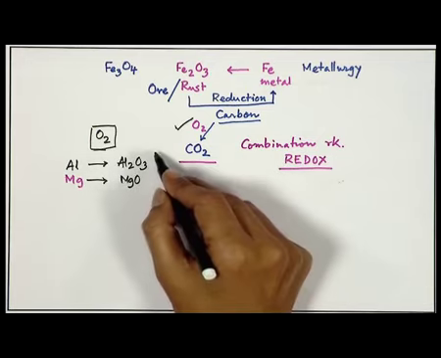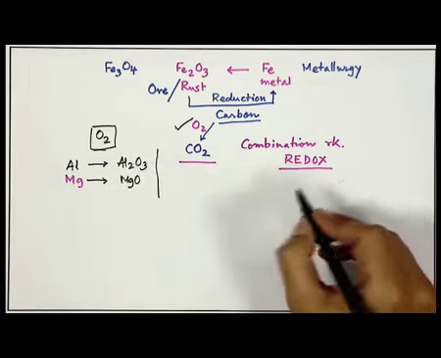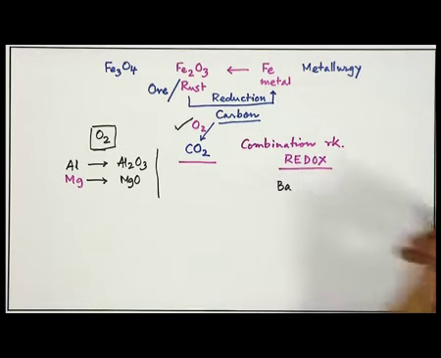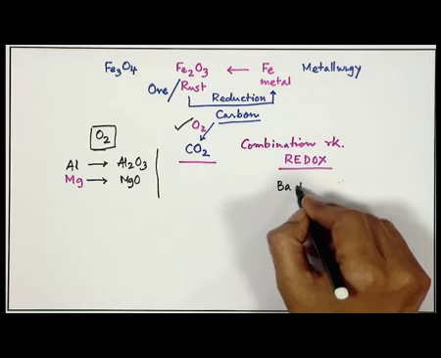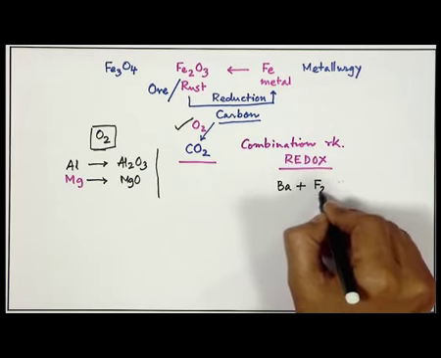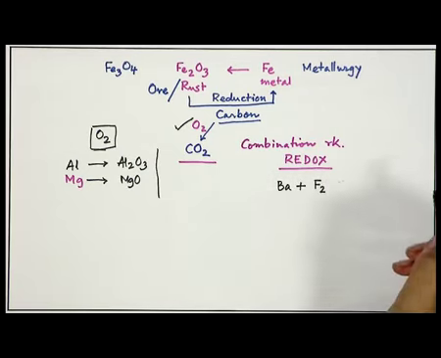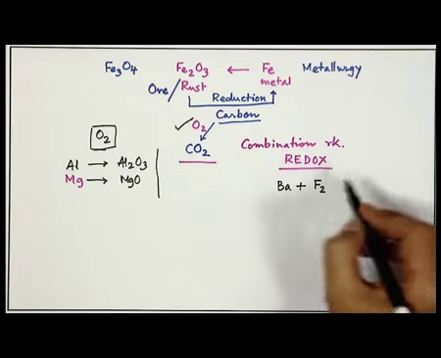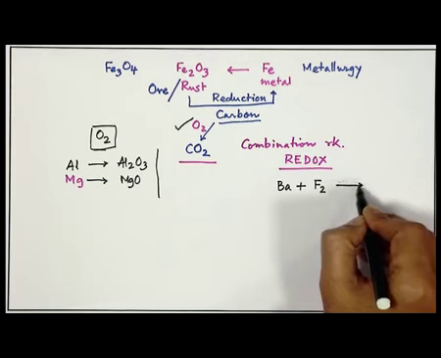So, another category of this combination reaction is that if we have the metal itself, and if we go for the reaction not with oxygen, but with another more electronegative elemental form, fluorine gas. So, what will form?